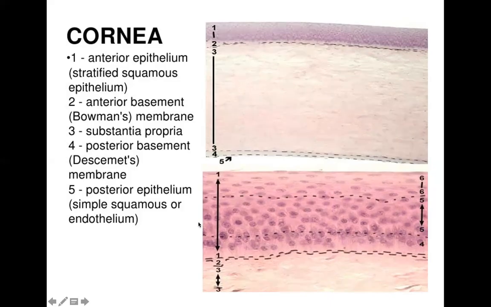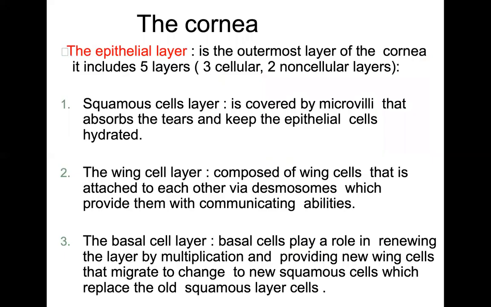Then you have your corneal endothelium, or what we call the posterior epithelium, that's made up of simple squamous epithelium as well. So here your outermost covering, the epithelium, also termed the anterior epithelium, is usually made up of stratified squamous epithelium. Okay.